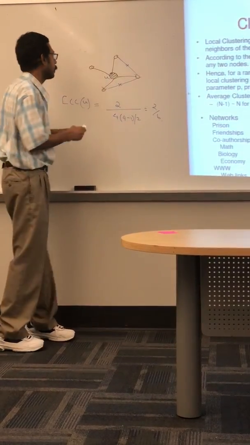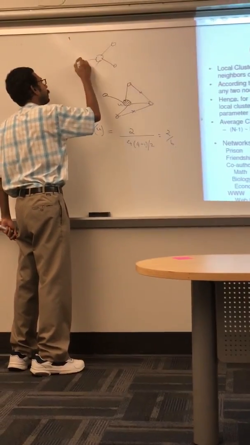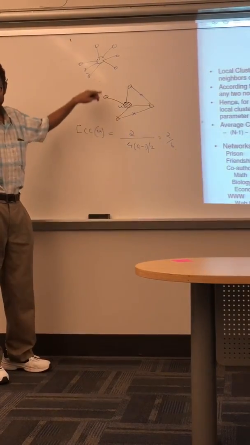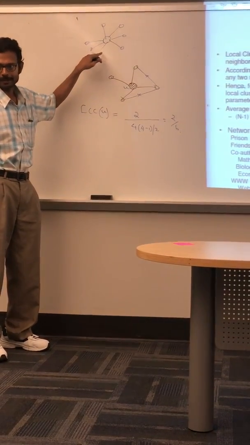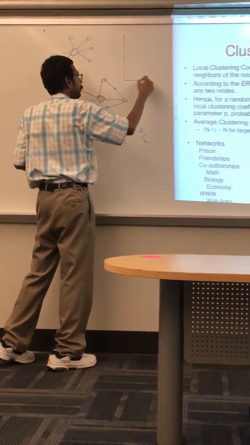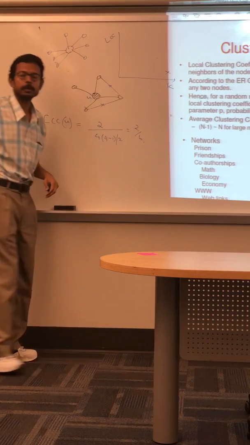Remember I also said this: if a node has several neighbors, then the chances that any 2 neighbors are connected is going to be less. So nodes with a larger degree are likely to have a smaller local clustering coefficient.